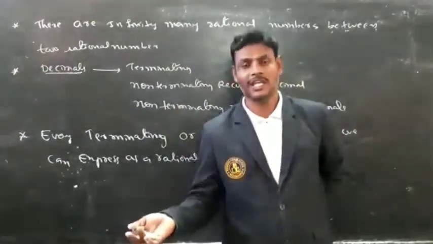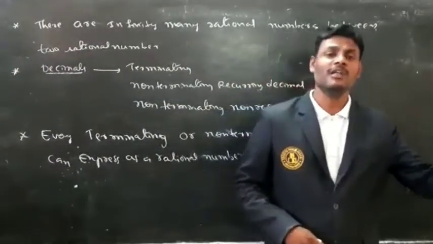Similarly, rational numbers we can express as terminating or non-terminating recurring decimals.